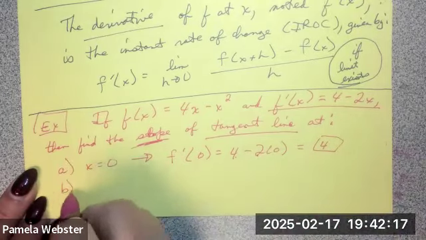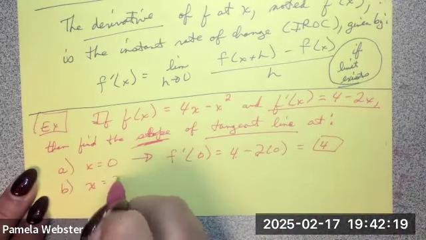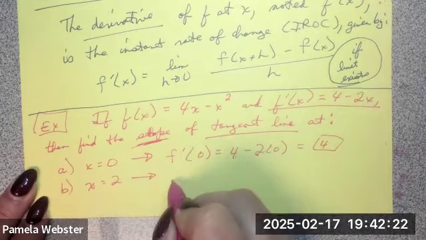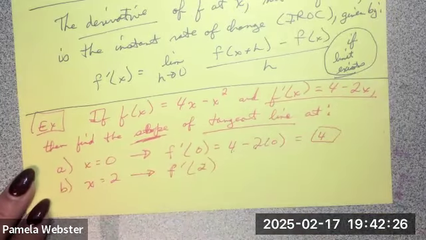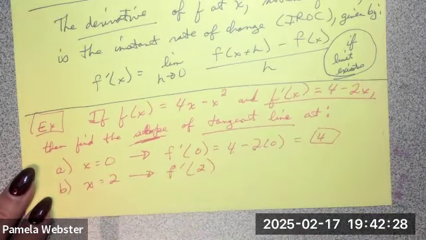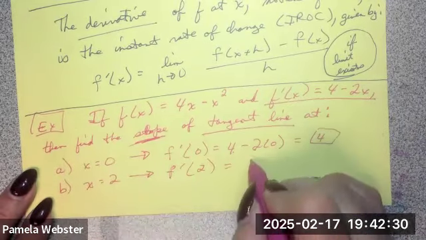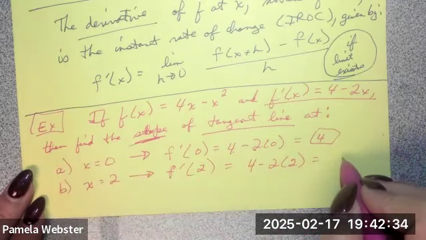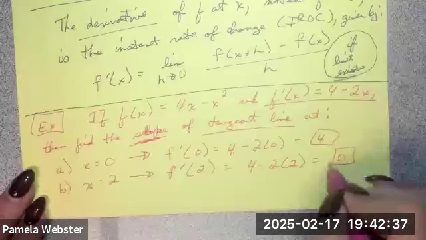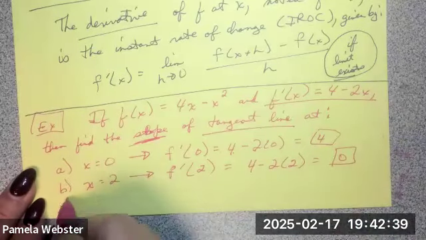Okay, B says x equals 2. So I want you to think, I need to find the derivative at x equals 2. So you can do that. 4 minus 2 times 2. And what do you get? 0.